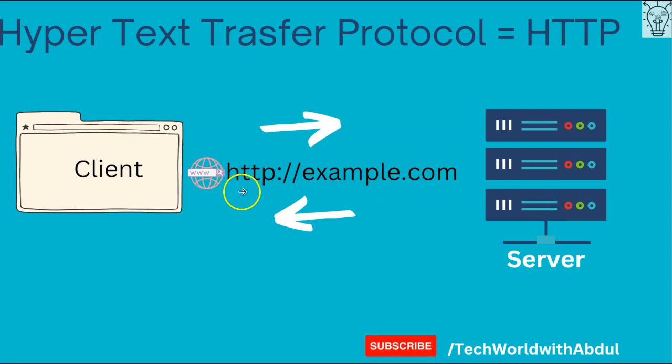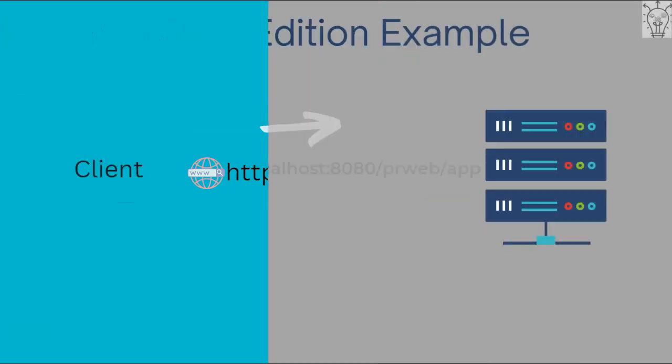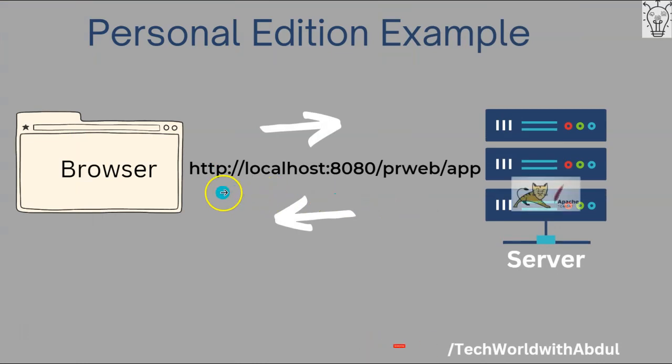Note that here we are using HTTP as our protocol, HTTP colon two forward slashes and then your URL, which is what an HTTP call looks like. To understand it much better, if you are running your personal edition of Pega, you would always try to hit your application by doing the same process, right?